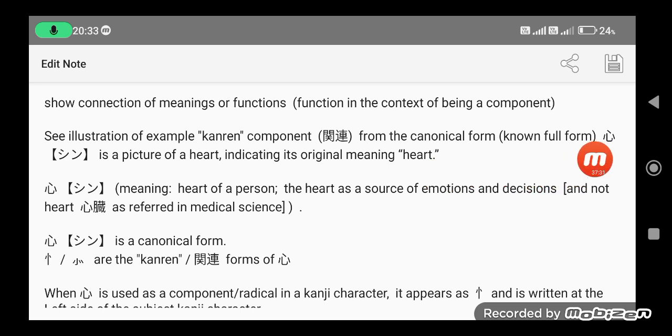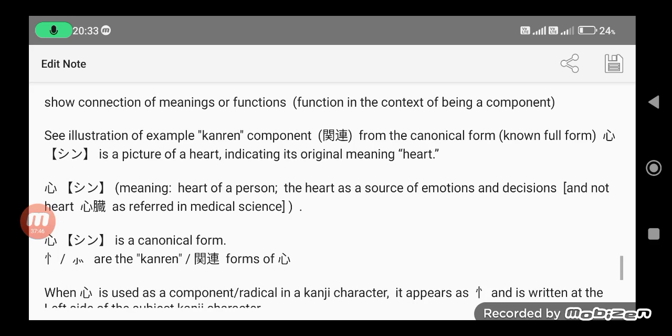Just like here, this is shin or kokoro, a picture of a heart indicating its original meaning, heart. But this shin, or heart, can have a kanren. There's another kanji for heart, meaning in the anatomy or biology of a person.